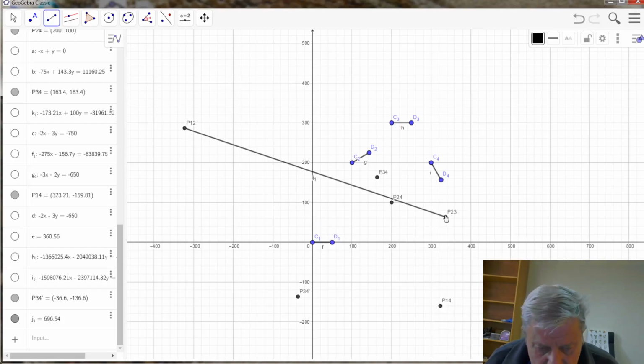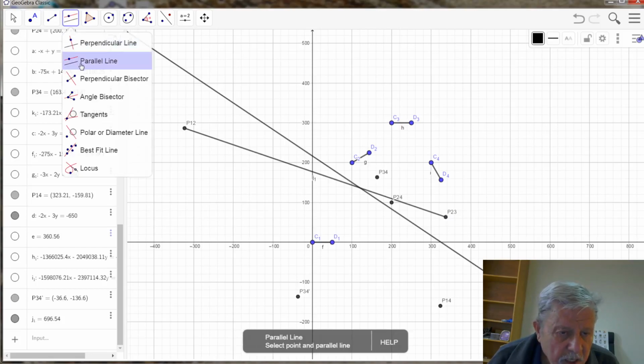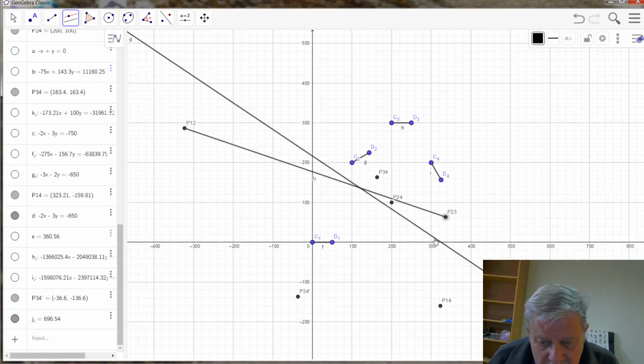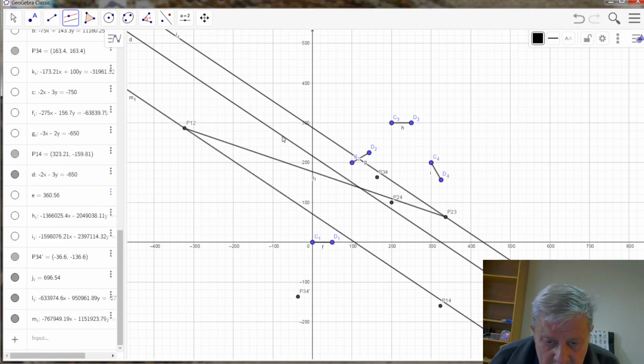This is P23. Oh, I need one of these lines. P12, P23. I have to join P23 with P13. So I have to draw a line from P23 parallel to the line that will be on P13 at infinity. That's the P13 infinity direction. And then draw another line from here to P13 at infinity. Hide this.